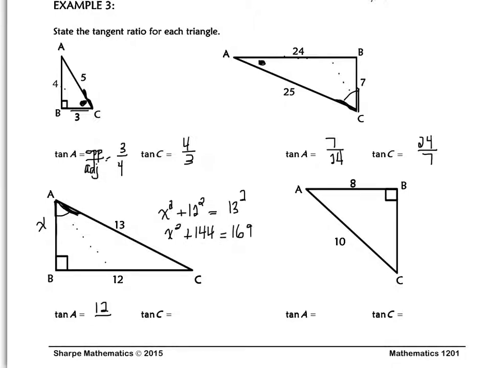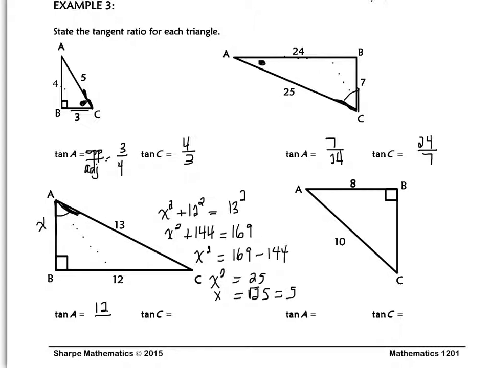Now if you know your Pythagorean triples, you know the answer to this is going to end up being 5, but if not, you'll have to work it out by isolating the x squared and getting x squared is 25, which means x is the square root of 25, or 5.